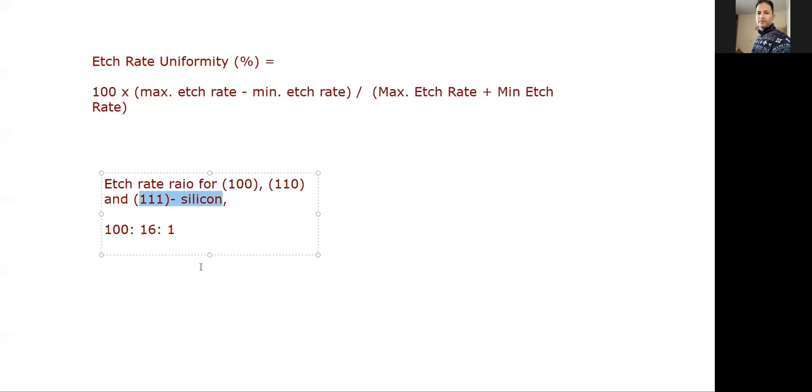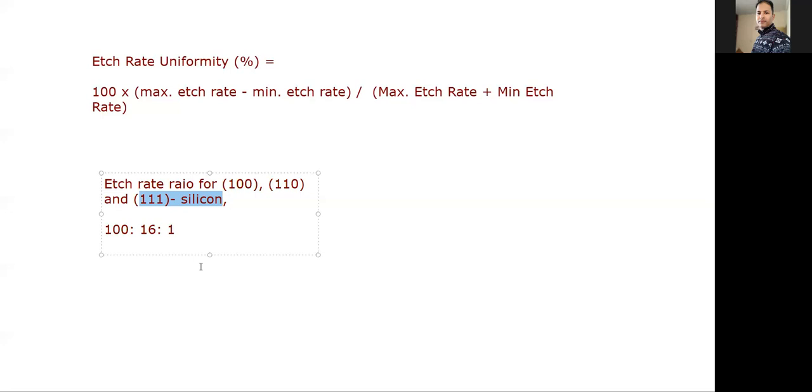In comparison, if you see 100 type silicon, when the etchant tries to remove it, it finds a very small number of covalent bonds or atomic density to work with, and this results in a faster etch rate.